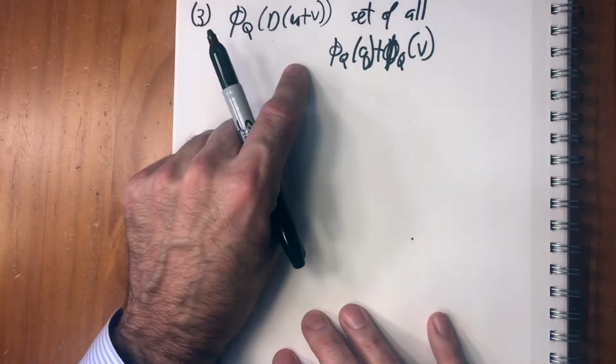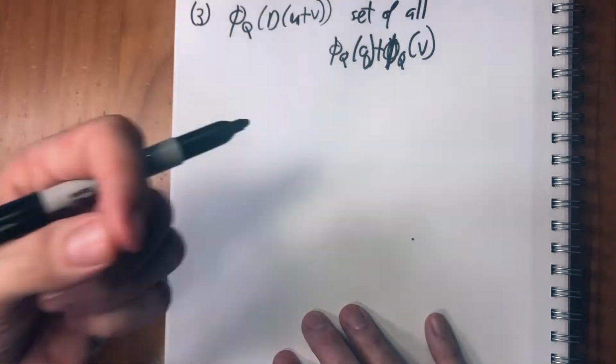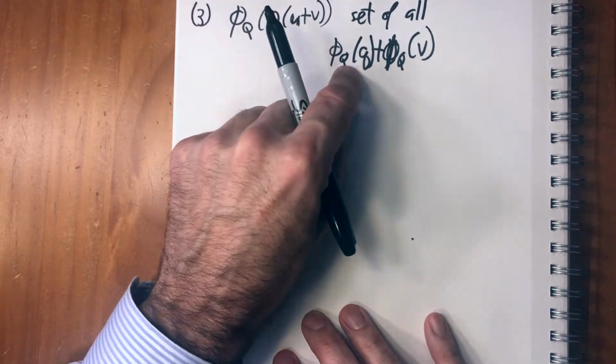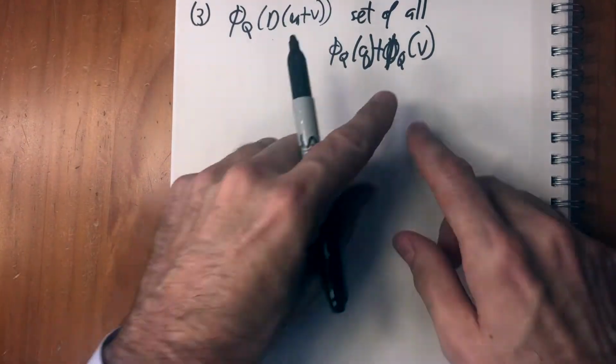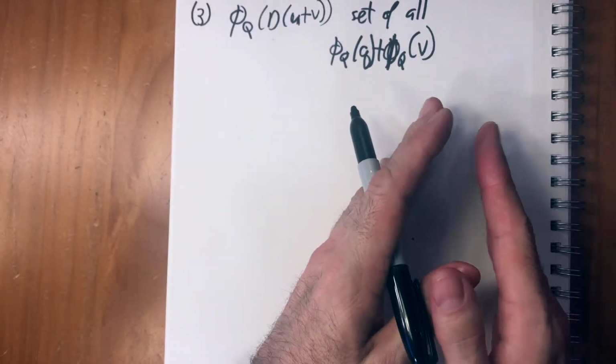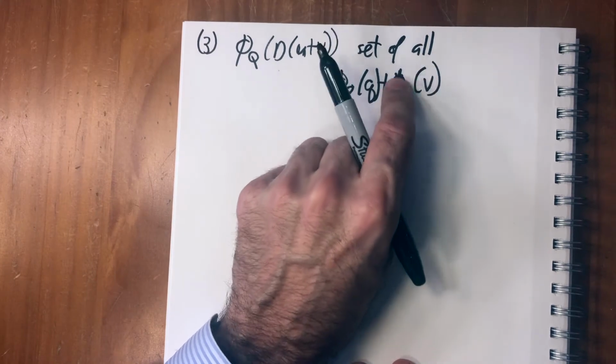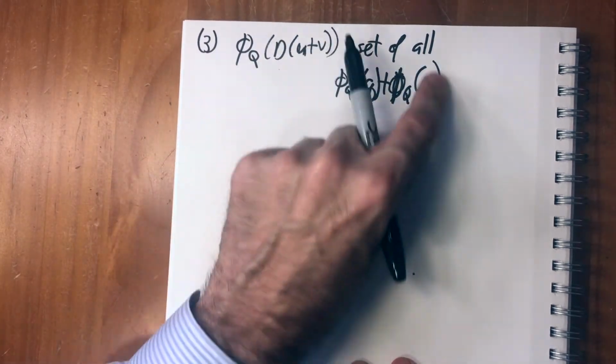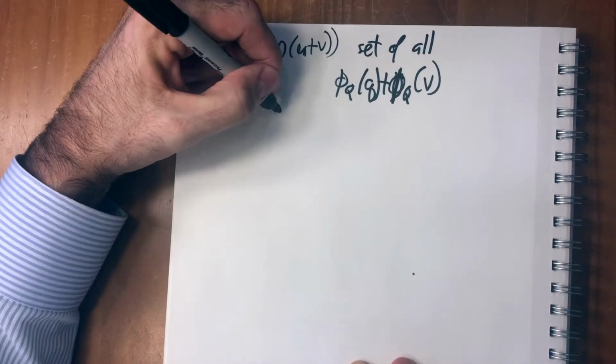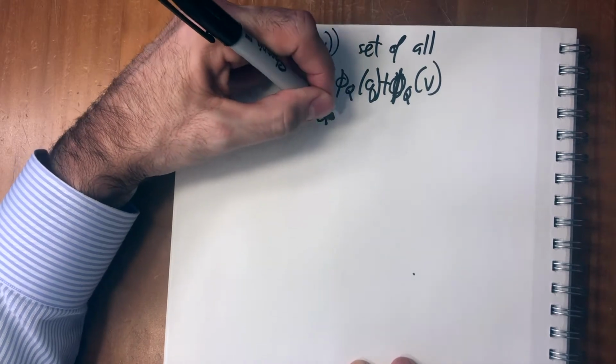This is what we just saw in the last one because phi q of r equals phi q of q plus phi q of v. V is fixed for this exercise. So we already know phi q of v.